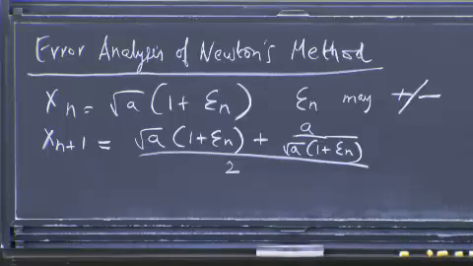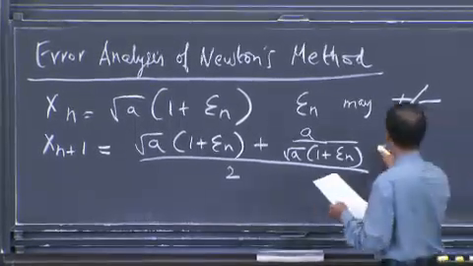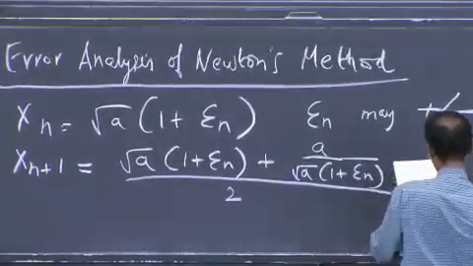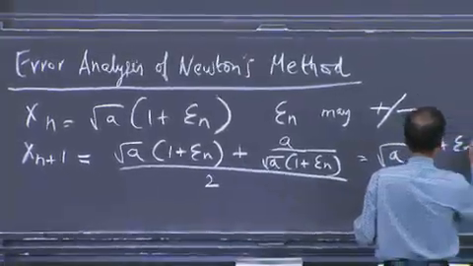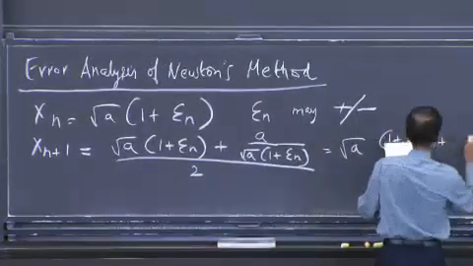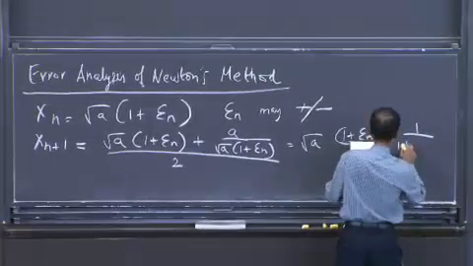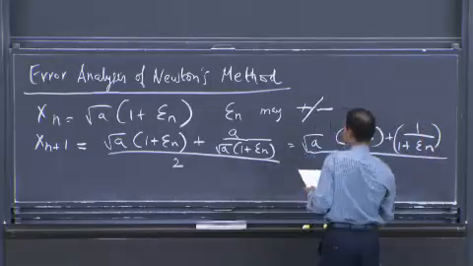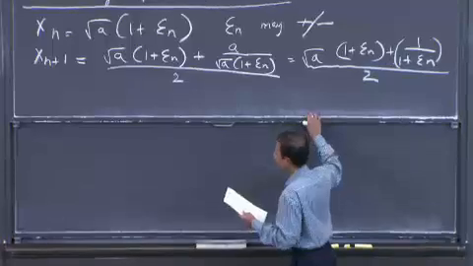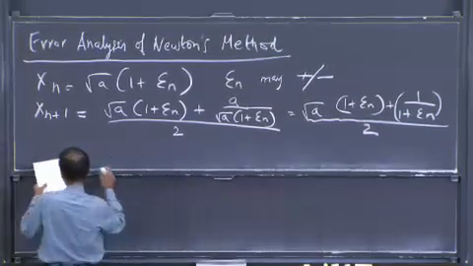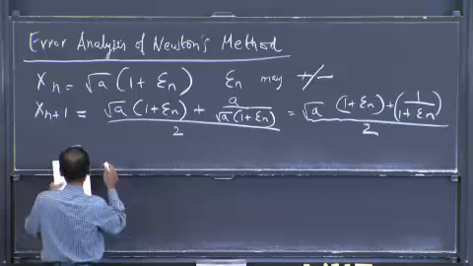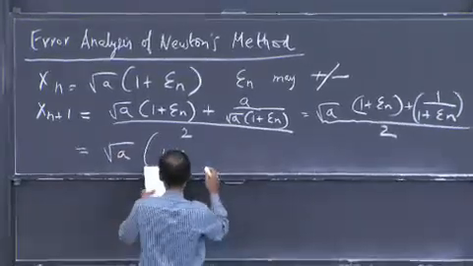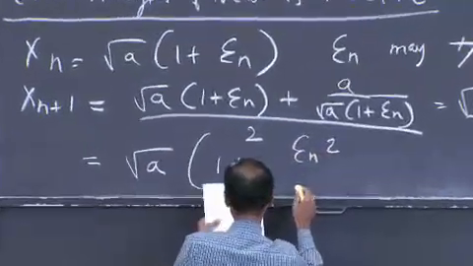Just plugging in the value of xn, and then a couple of steps of algebraic simplification. You can pull out square root of a here, then you'll have 1 plus epsilon n plus 1 divided by 1 plus epsilon n over here, the whole thing divided by 2. And if you keep going, there's one step that I'm skipping here in terms of simplification, but let me write this last result out.